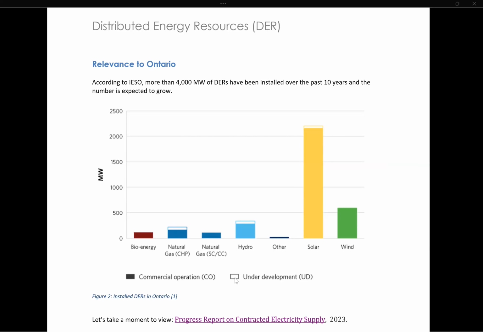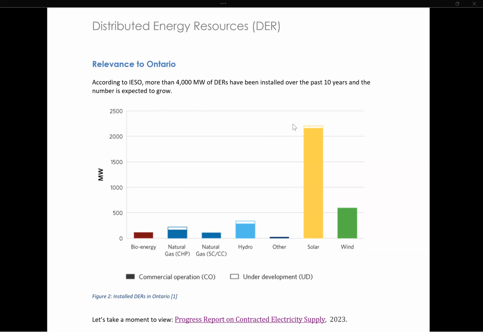2019, and this is the installed distributed energy resources in Ontario in 2019. And we can see here that the bulk of them were solar, and this is a result of a DER initiative pushed by IESO to grow the amount of distributed energy resources from about 2009 to 2019, around that time period.